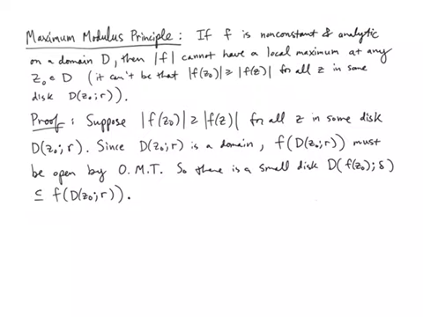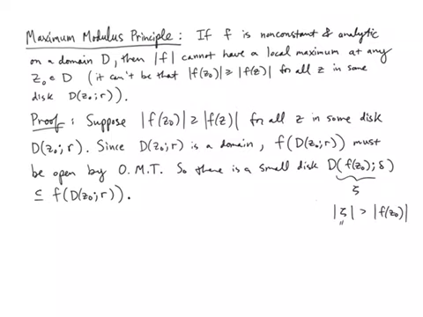But the problem is that this small disk contains points in it further away from the origin than f of z0, right? So there's got to be some zeta in here such that the distance of zeta from the origin is strictly bigger than the norm of f of z naught.